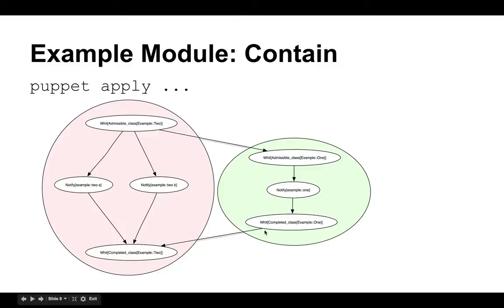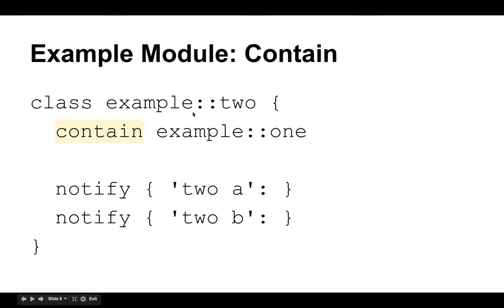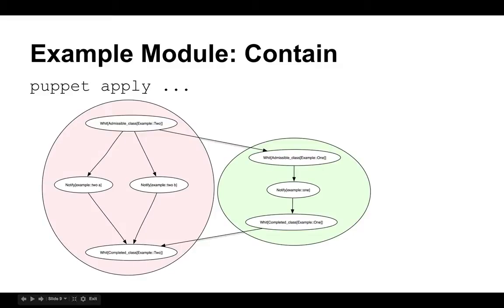Basically, the dependencies will be set up such that the contained class cannot begin until the containing class has begun, and the contained class will finish before the containing class finishes. So it is literally contained inside it by virtue of these two edges. And again, that's contain. So class example::2 is containing example::1.